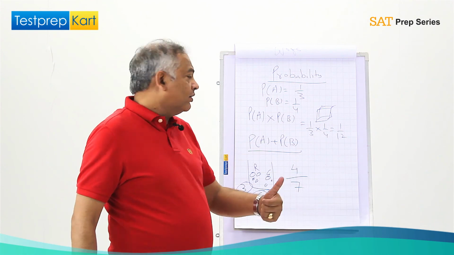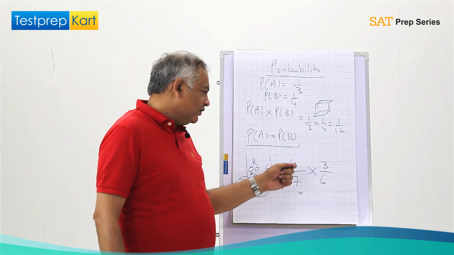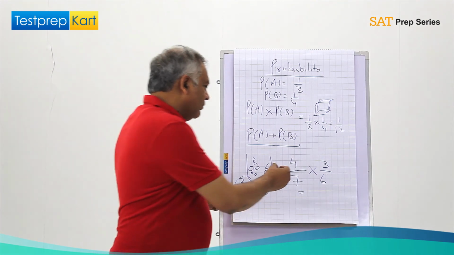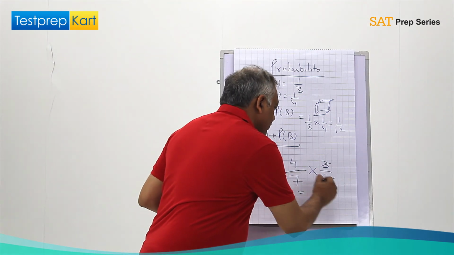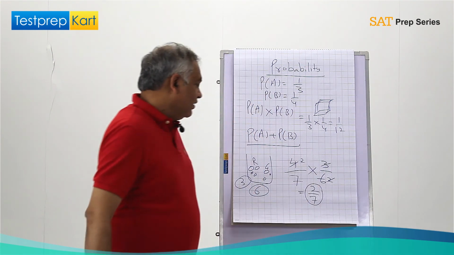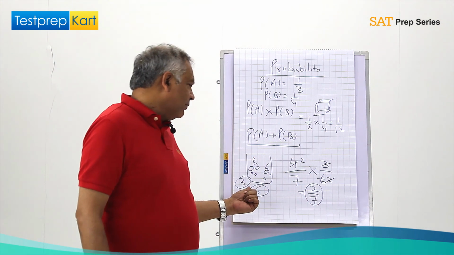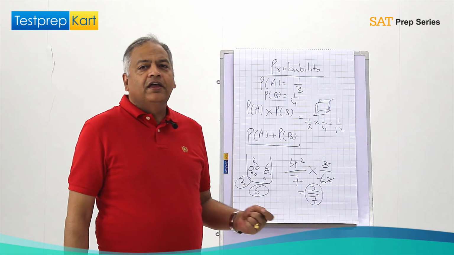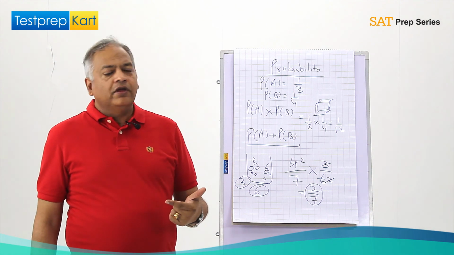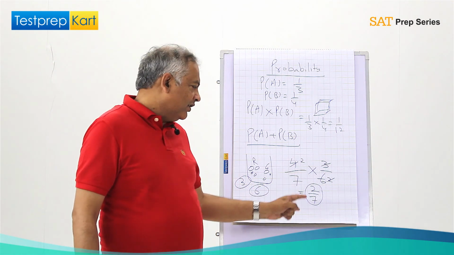Because you are not putting it back in the box, it is 4 by 7 into 3 by 6, and that will be equal to 2 by 7. Therefore, we can conclude that if in a box there are 4 red balls and 3 green balls, and we want both the balls we take out of the box to be red, then the probability is 2 by 7.